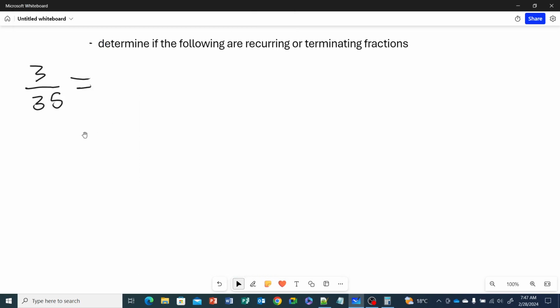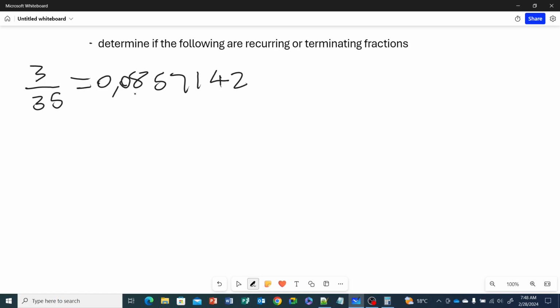So we will say this is the same as 0.0 8 5 7 1 4 2, with 8 5 7 1 4 2 repeating.